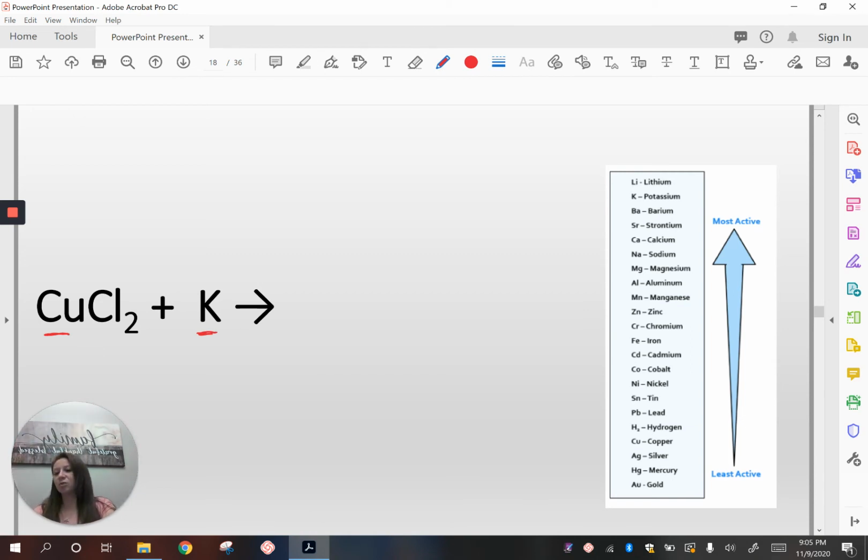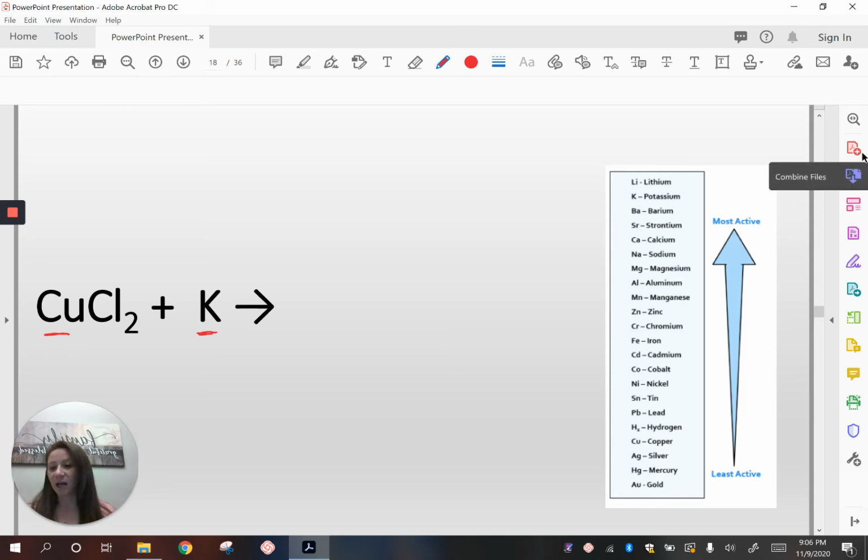And what you want to do is use your activity series. In the lab that we did a little activity series with, I think there was copper, magnesium, zinc, and iron. And we looked at which one is more reactive. So we came up with our own little activity series. An activity series is a list of metals in order of their reactivities.